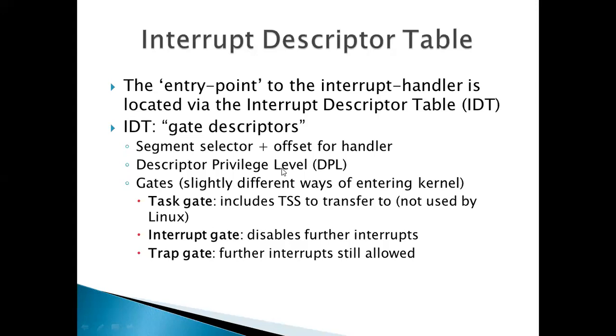That means after execution of that instruction, definitely we need to get an exception. That is the way we are able to maintain this gate descriptor or different types of gates, which will be maintained as a part of the task gate, interrupt gate or trap gate.